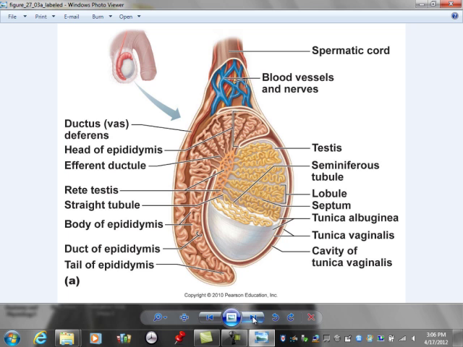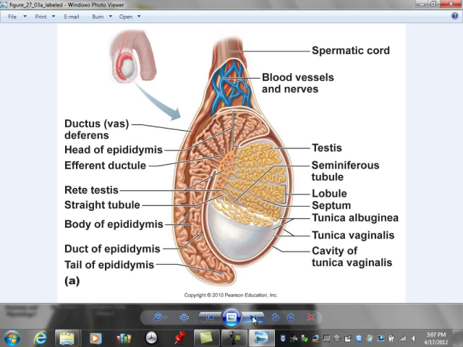Because once they're delivered into the female's reproductive system, they have to then travel up the female's reproductive system to find the female's reproductive cell in order for fertilization to take place. So all of these structures in the male are designed to mature and strengthen those cells for delivery into the female's reproductive system.